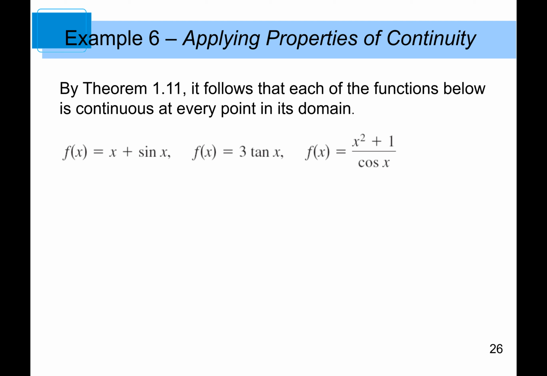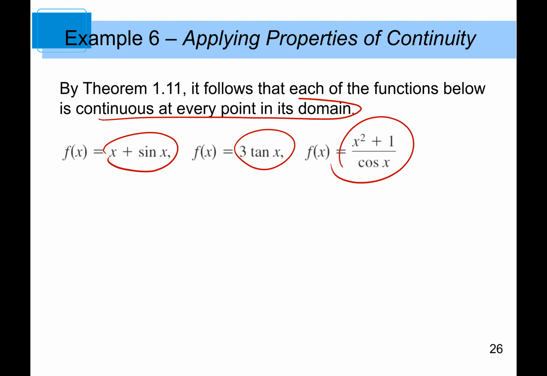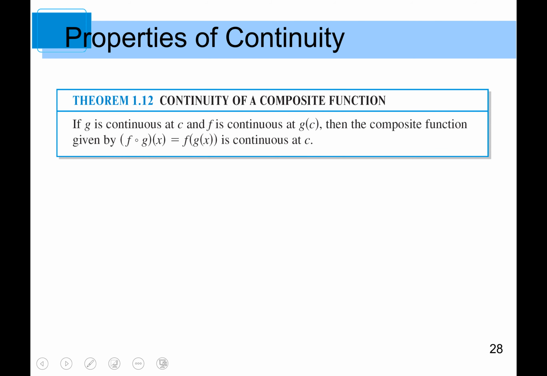As you can see, using the properties of continuity, we know that all these functions are also continuous within their domain. If g is continuous at x equals c, and f is continuous at g of c, then the composite function given by f of g of x is continuous at c.